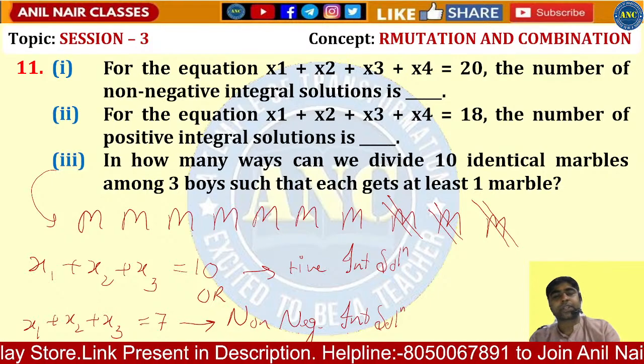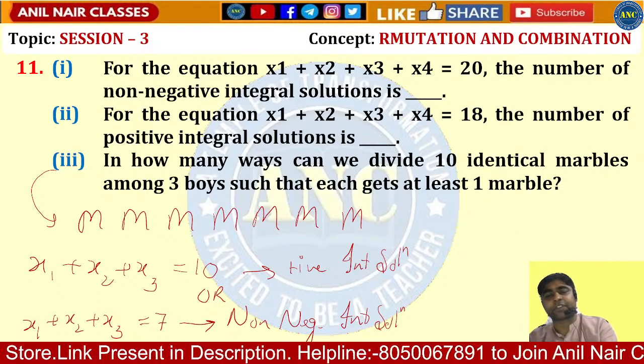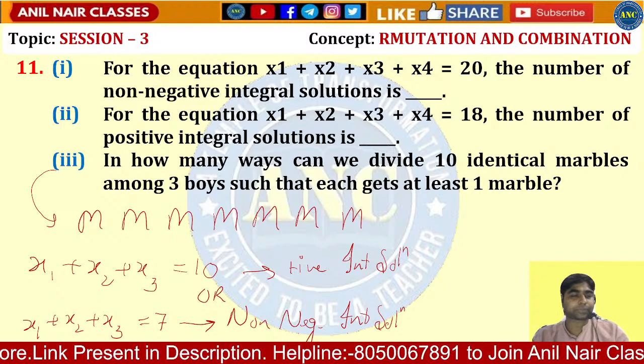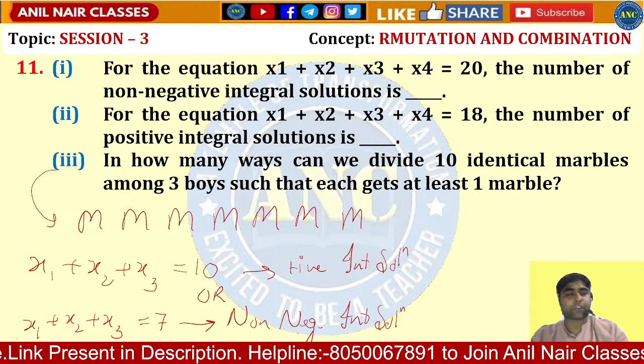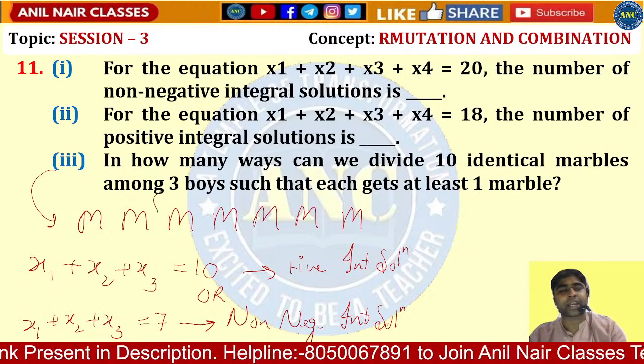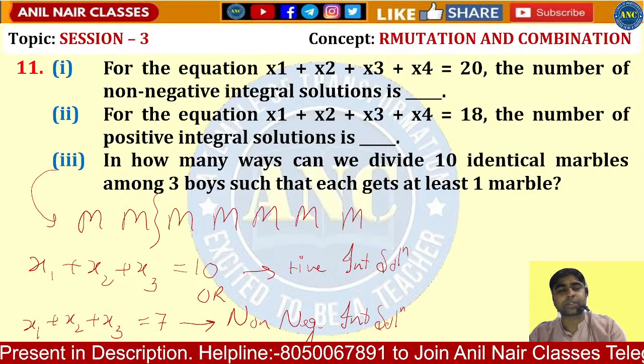So now I am left with only 7, and for these 7, how many partitions do I require? I still need 2 partitions.